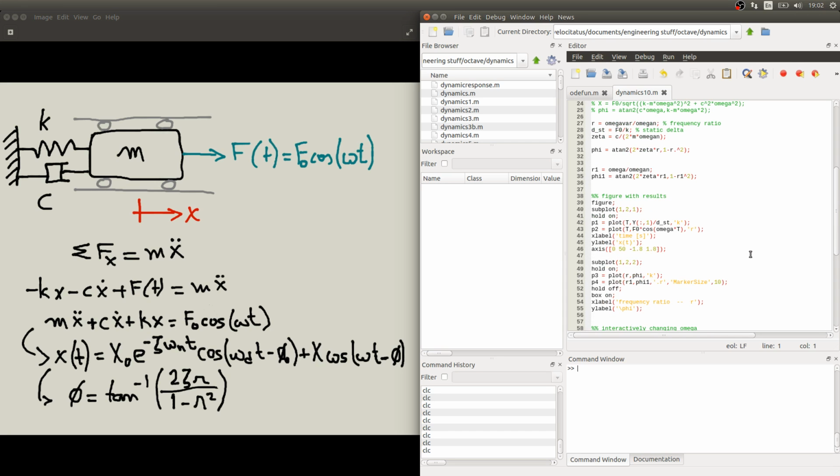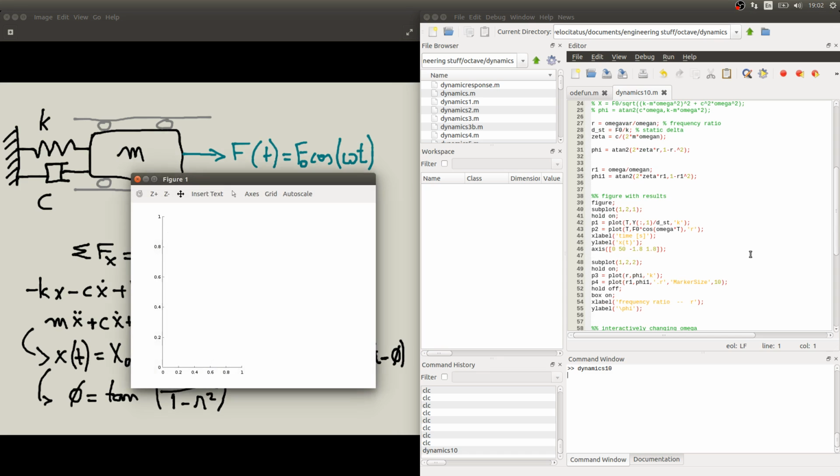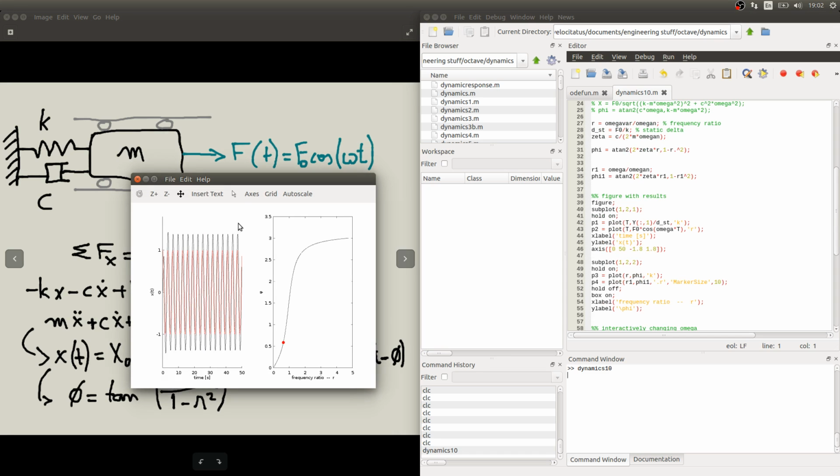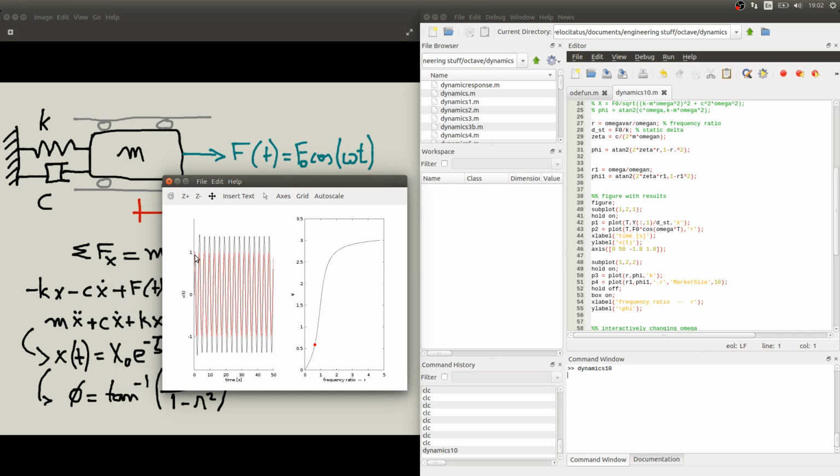And if we go ahead and run this, we'll see this figure here showing the time response here in black, the force as function of time here in red, the phase angle as function of the frequency ratio here, and the current value of the phase angle as shown here by the dot.